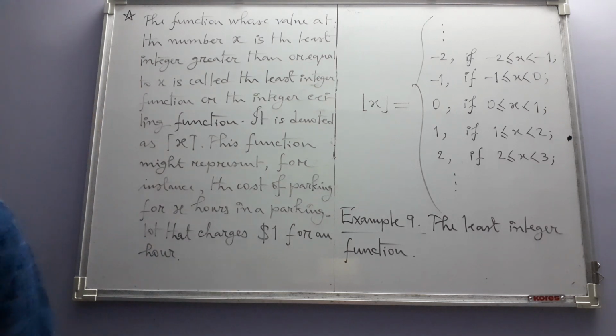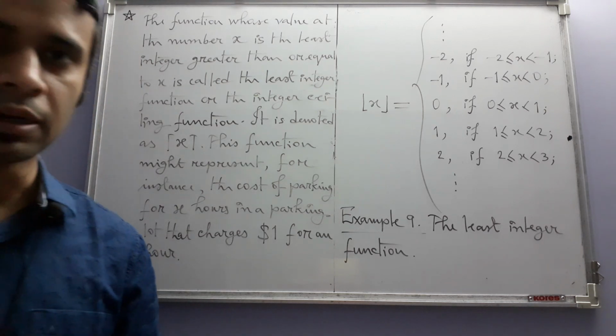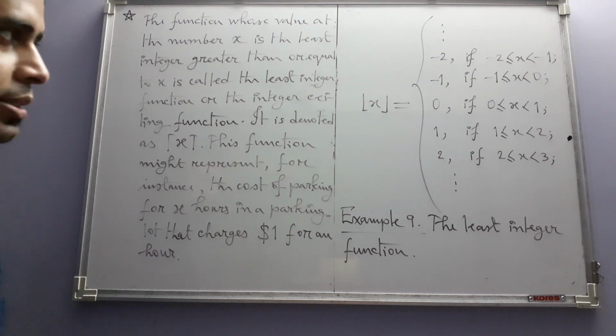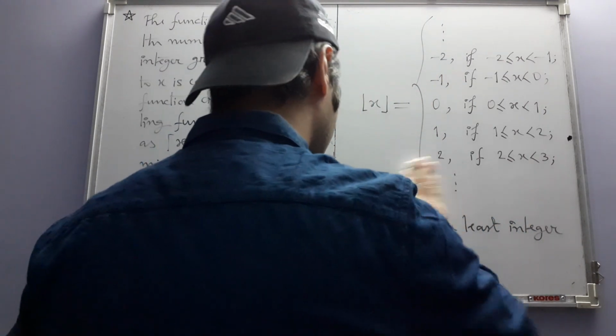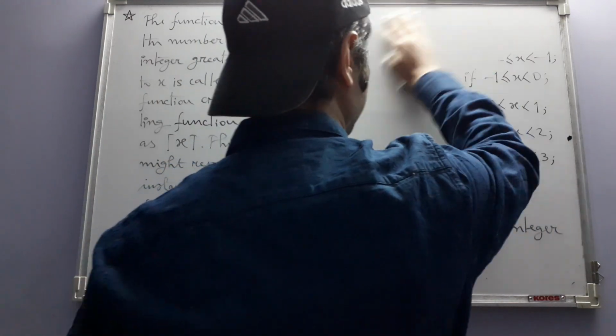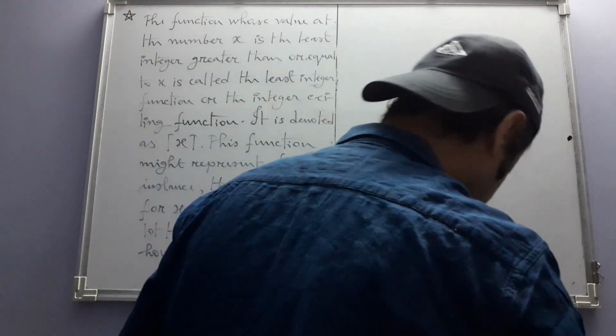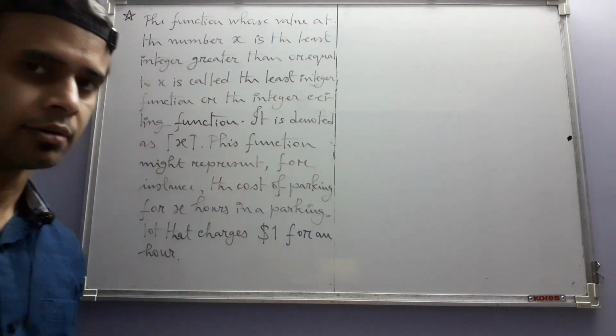So the graph of the ceiling function is just like the graph of the floor function, but it is a little different. Here also you will get steps. Okay, I will not draw the graph.